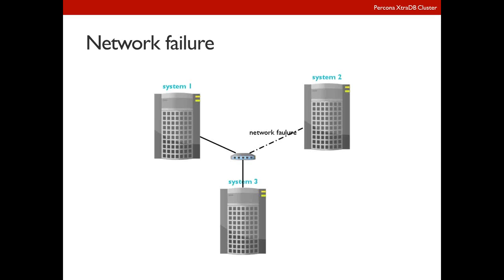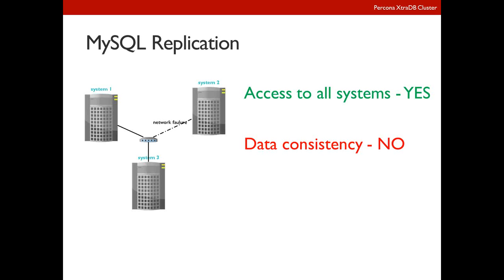I understand that it still sounds somewhat fuzzy, and let me show you the following example. Imagine in a system with 3 nodes, we have a network failure to one of the nodes. In the case of MySQL replication, you will have access to all nodes.